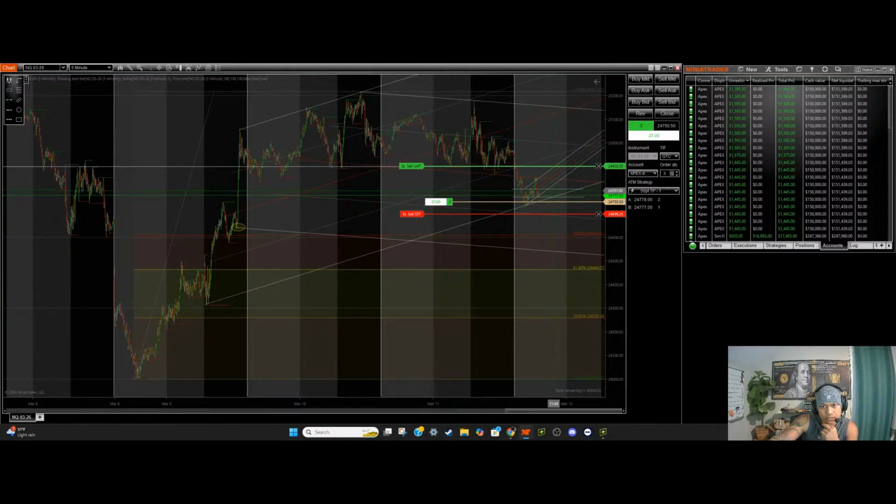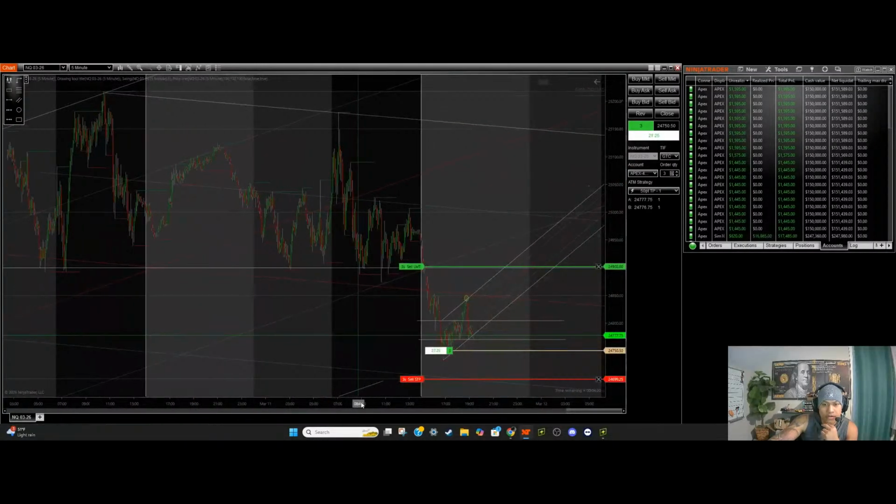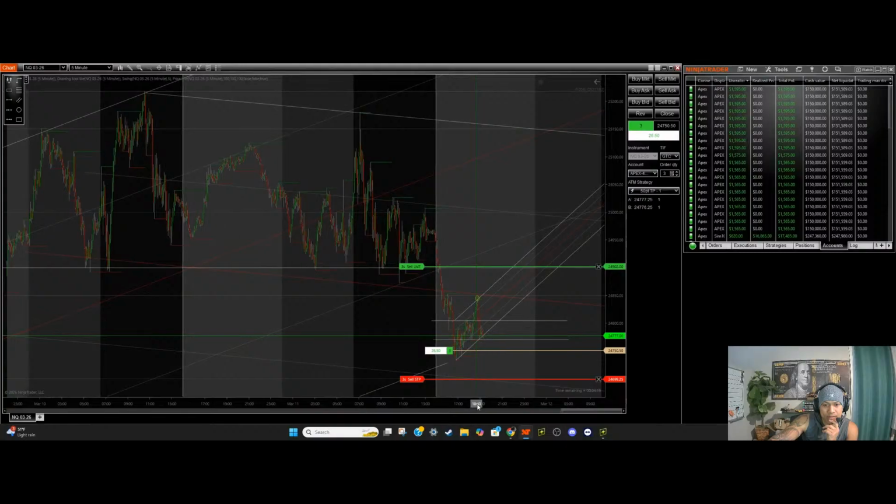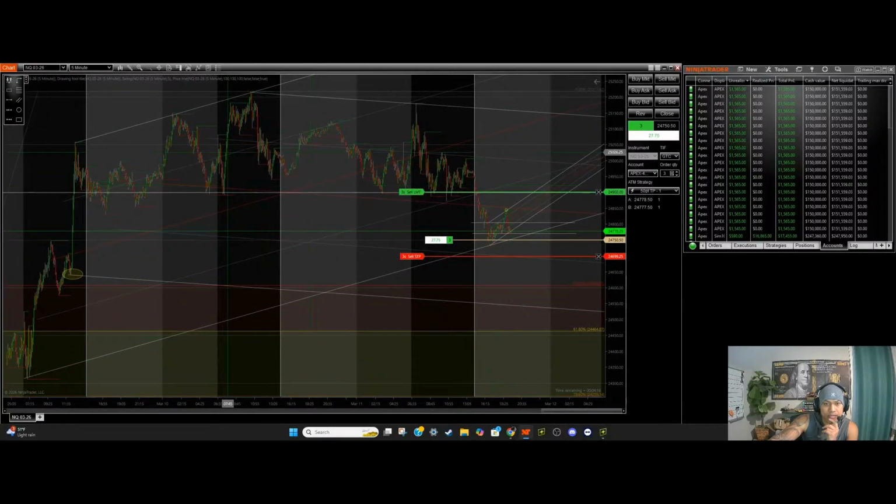We just don't want the scenario where NQ does this, right? Touches this line right here and rips right back up. Pulls back to here and rips right back up.